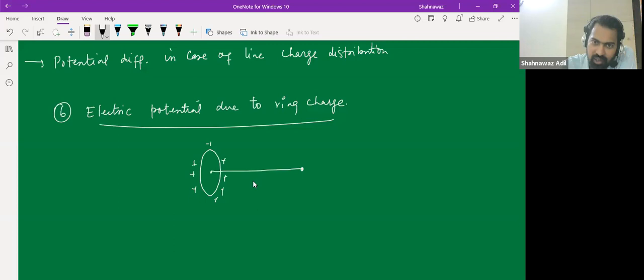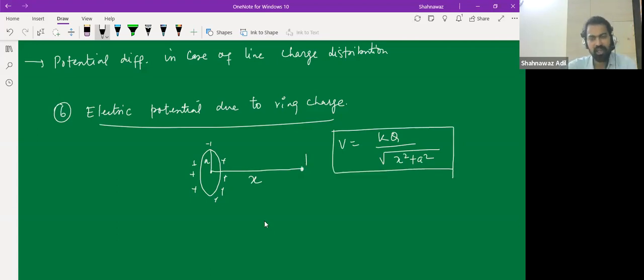Let's say this is X, and this is A. So the potential was KQ by root of X squared plus A squared. So this was the potential for the charge at this point. Right, this much we have done so far.